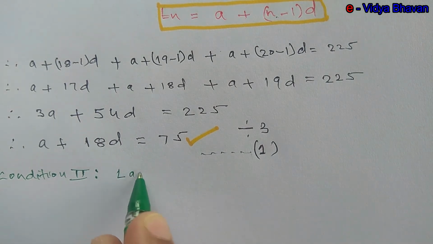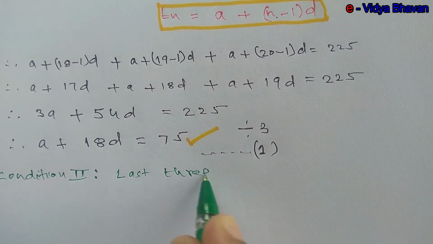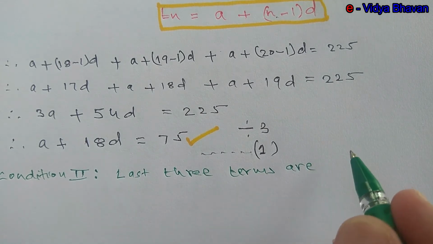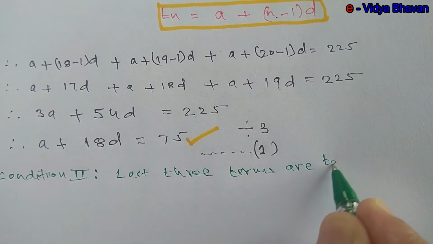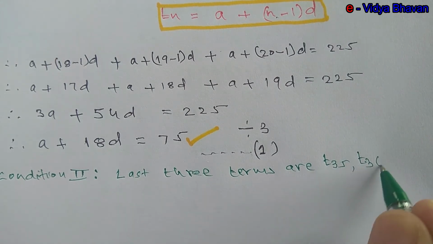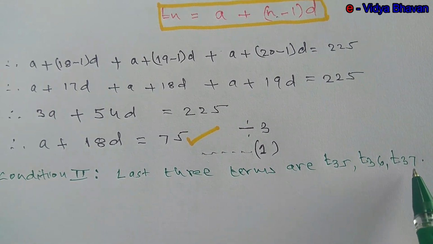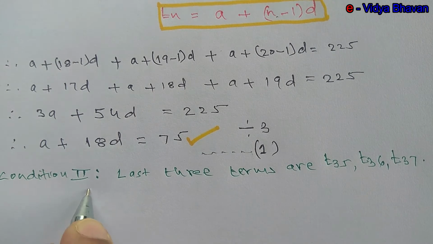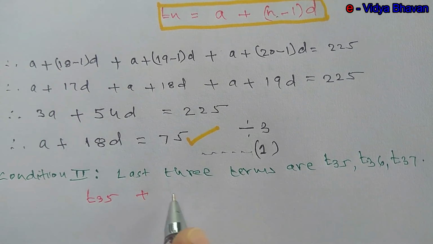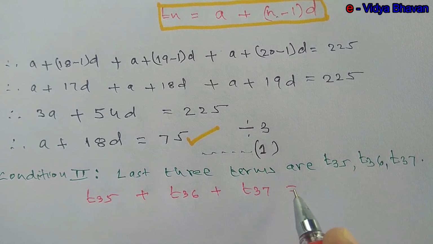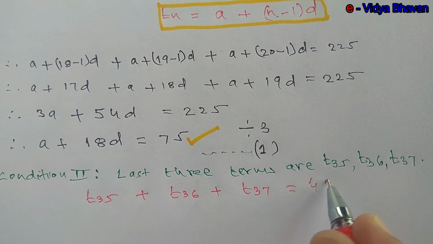The last three terms will be T35, T36 and T37. The last term was 37, so take it the reverse way, 35, 36, 37. And according to the condition, the sum of these three terms, that is T35, T36, T37, is going to give me 429.